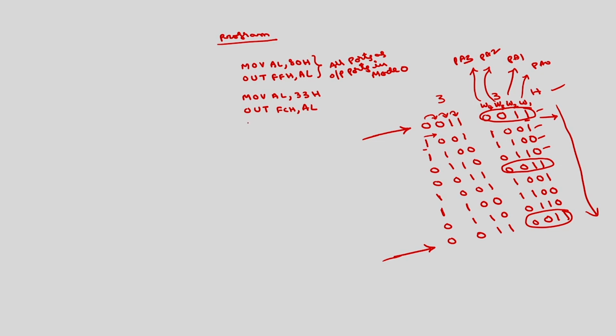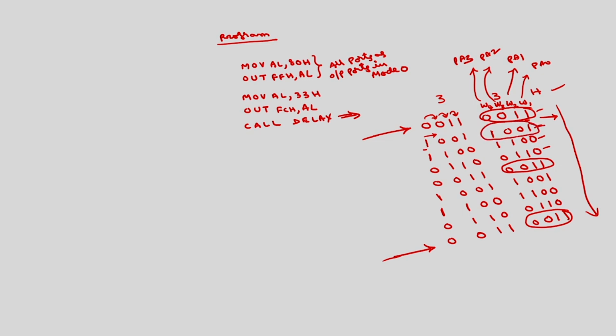Between two consecutive rotations we have to call some delay, the delay which you have computed earlier. This depends upon the speed at which we want to operate the stepper motor, and I explained the procedure to compute this delay. Then after this we have to send this sequence.